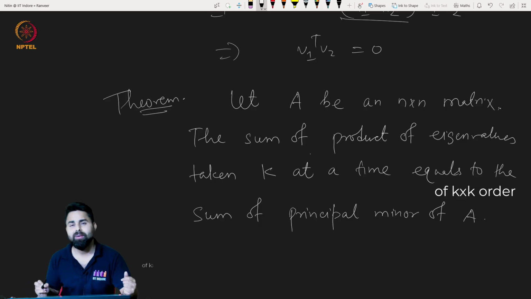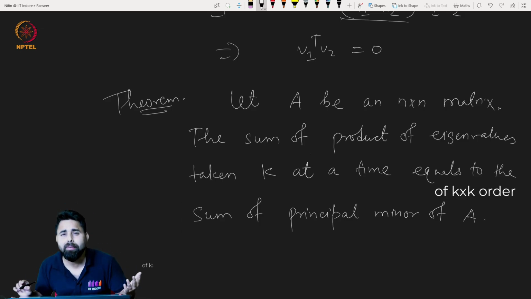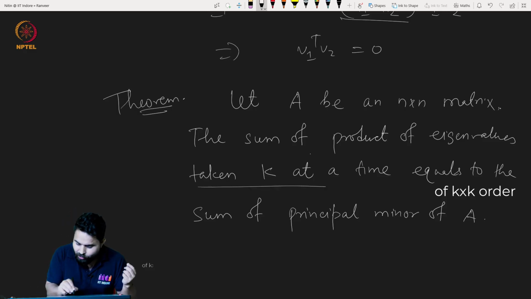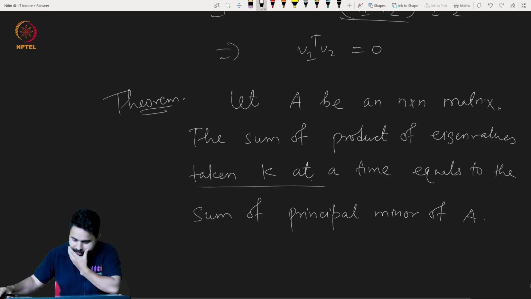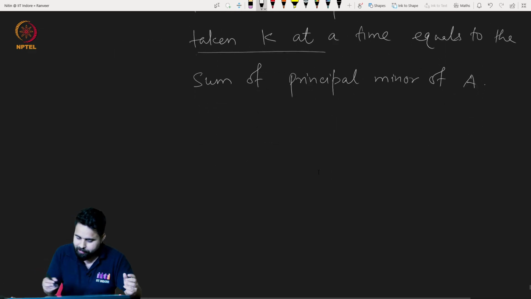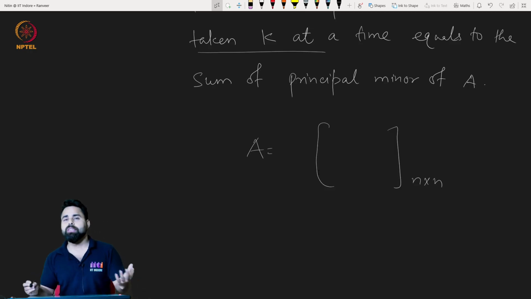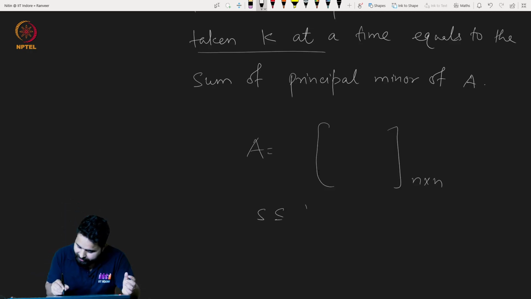What are the principal minors? Firstly let us see what the principal minors are, and then we will see what we mean by taken k at a time. Suppose A is a matrix of order n cross n, and S is some subset of the numbers from 1 to n.